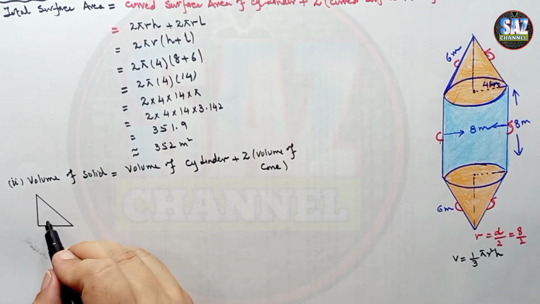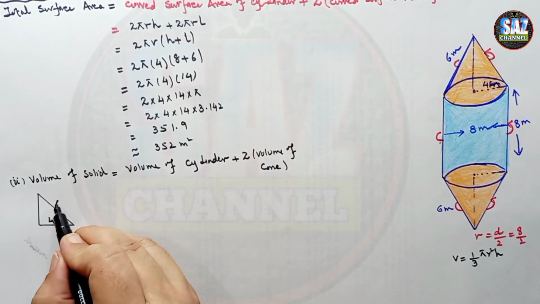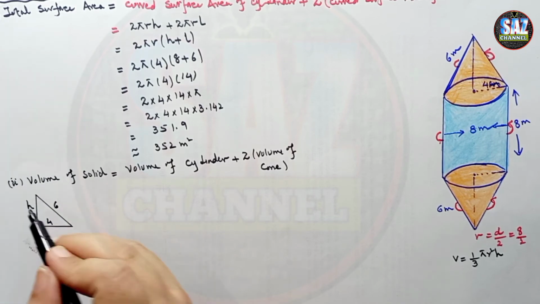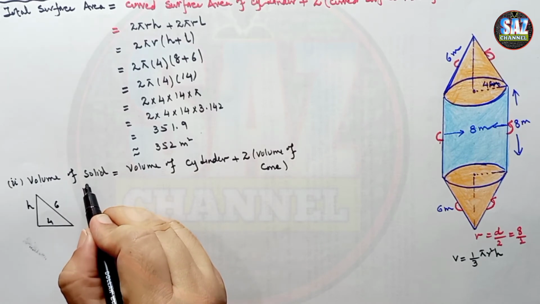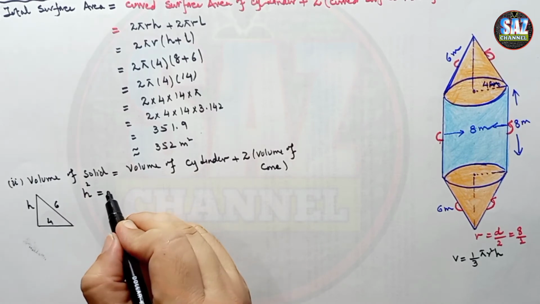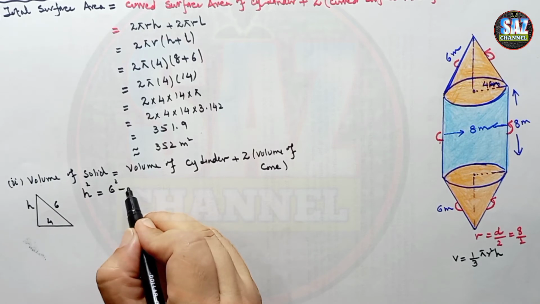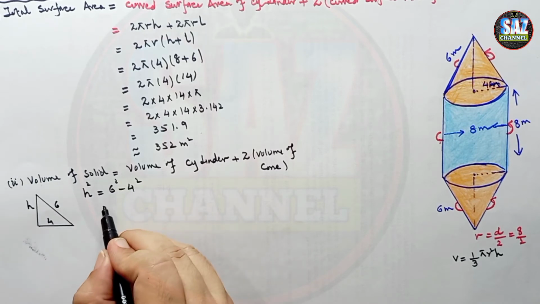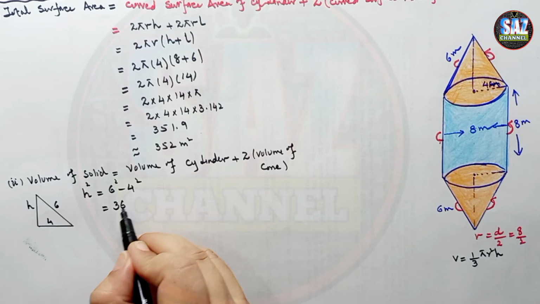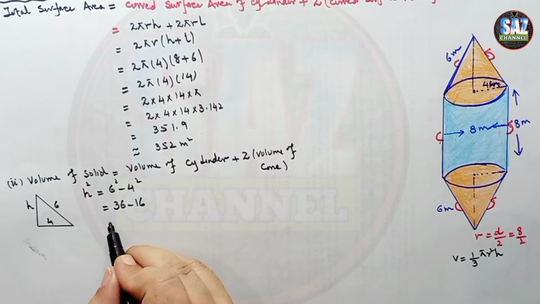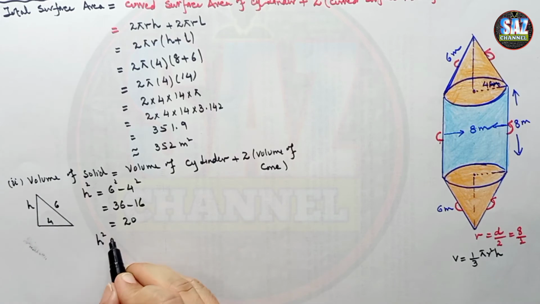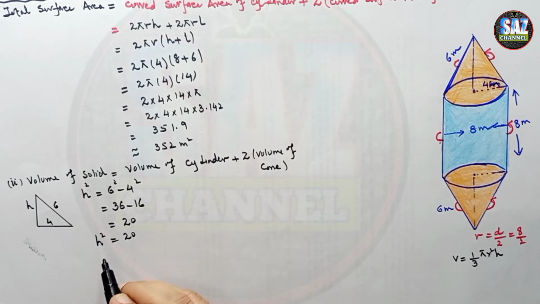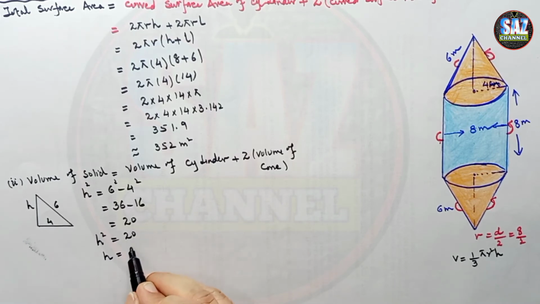Okay, this is 4, this is 6, and height we need to find out. We have to apply Pythagoras theorem that height h square will be equal to 6 square minus 4 square, and this will become 36 minus 16, and this will become 20. h square equals to 20 and h equals to square root 20.